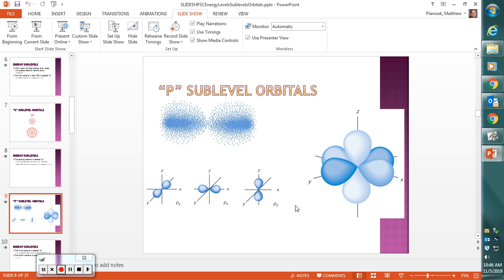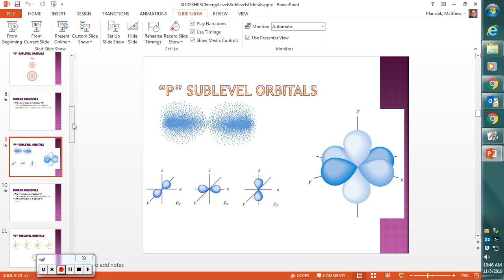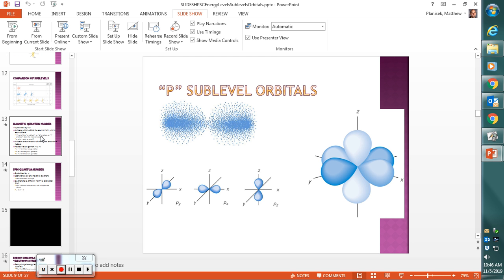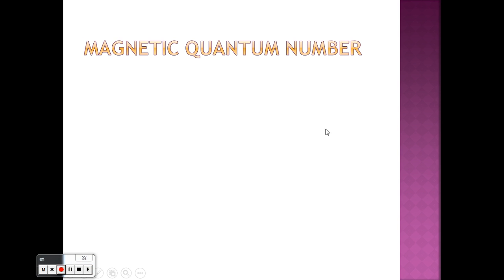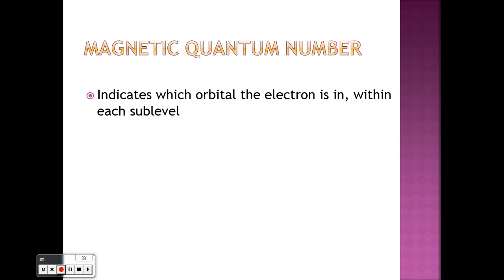So that brings us to the 3rd quantum number that we call the magnetic quantum number. The magnetic quantum number indicates which orbital this electron is in within each sublevel.